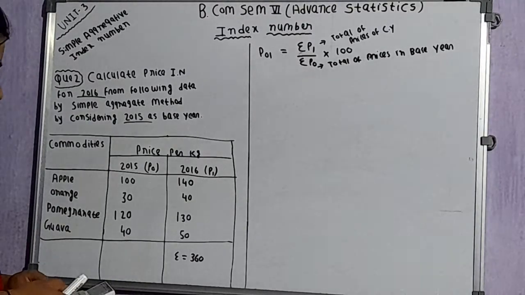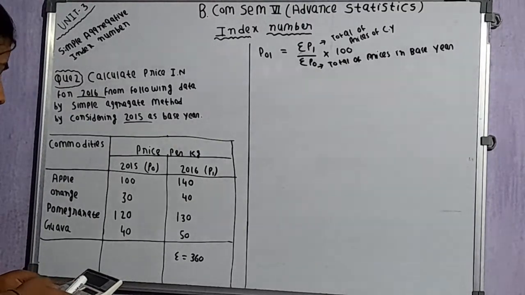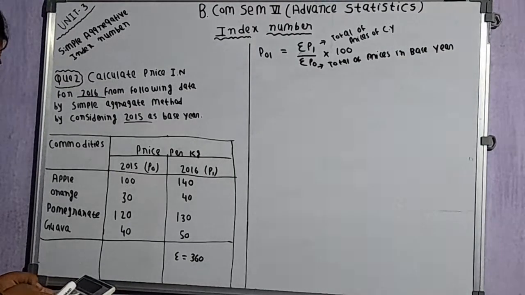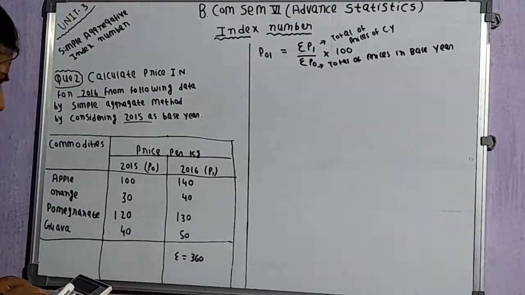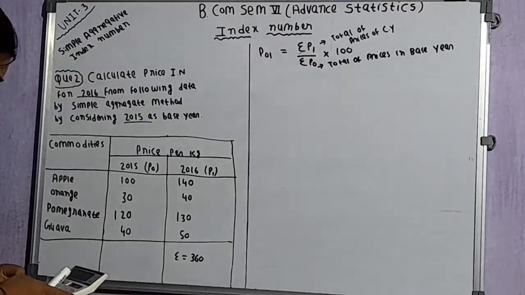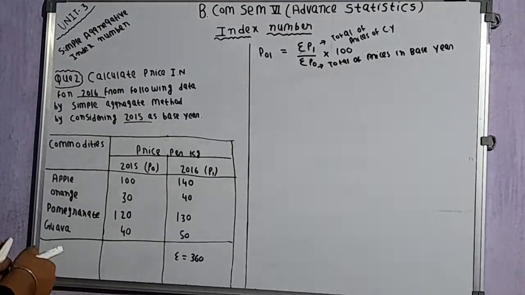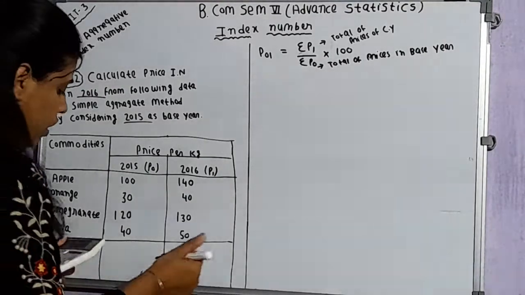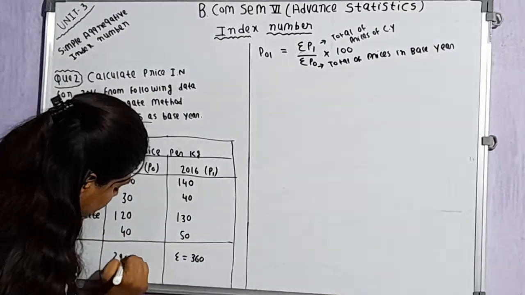In 2015 apple cost 100 rupees per kg, orange cost 30 rupees per kg, pomegranate cost 120 per kg and guava cost 40 rupees per kg. So it comes to 290.